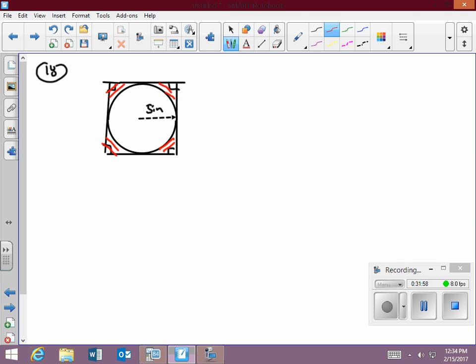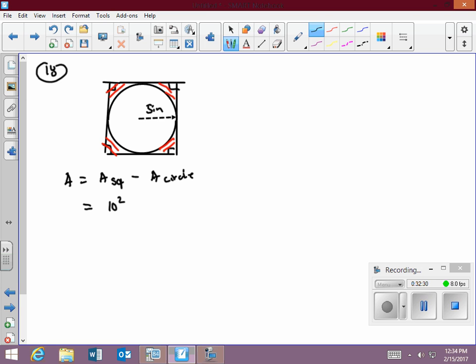So the area would equal the area of the square minus the area of the circle, right? And the square is going to be what? 10 squared, because half of its length is 5.